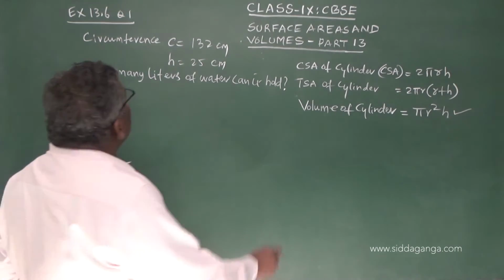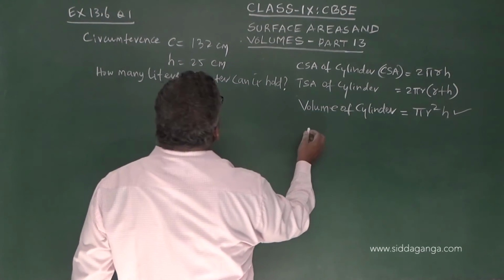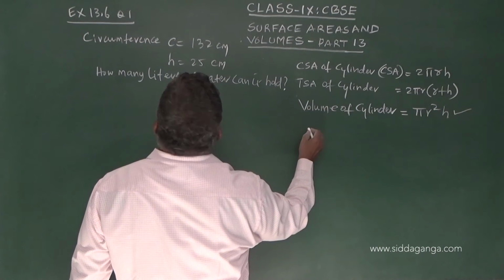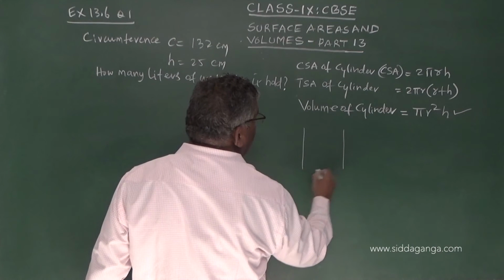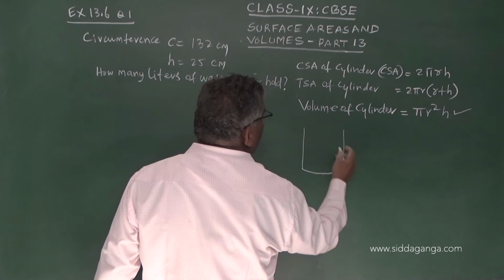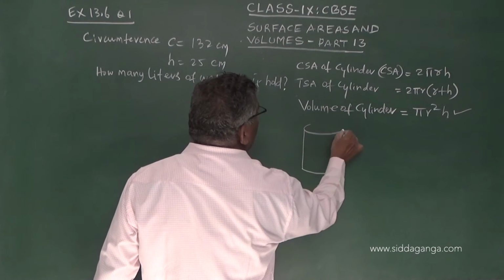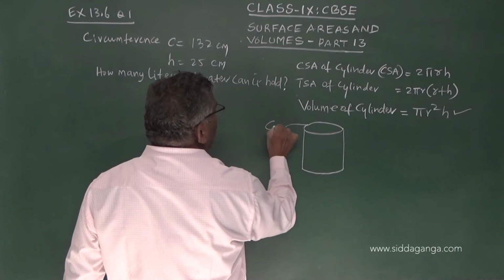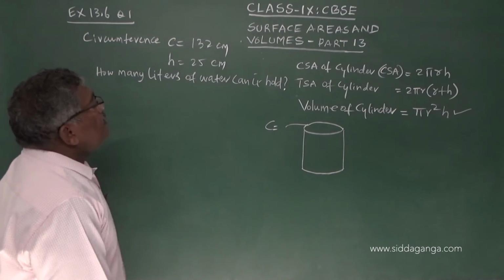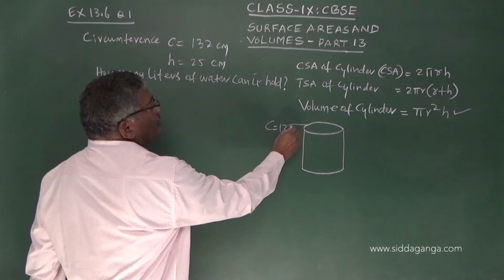See, a cylindrical vessel is there. Circumference is given, C is equal to 132 centimeters.